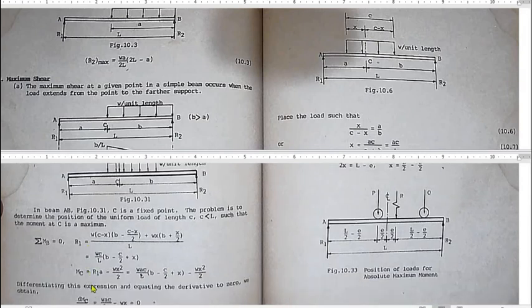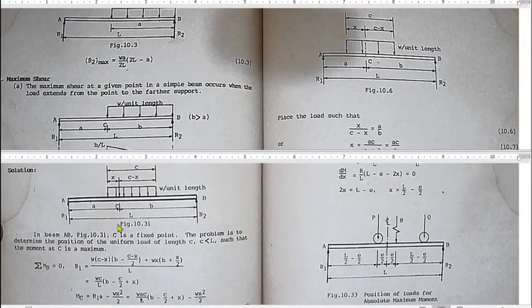So, the maximum moment or moment at C would be R1 times A, okay, minus WX squared all over 2. Nangyari yan kasi nag-cut tayo ng section dito sa point C, yung loads lang dito sa left ang i-consider niya.